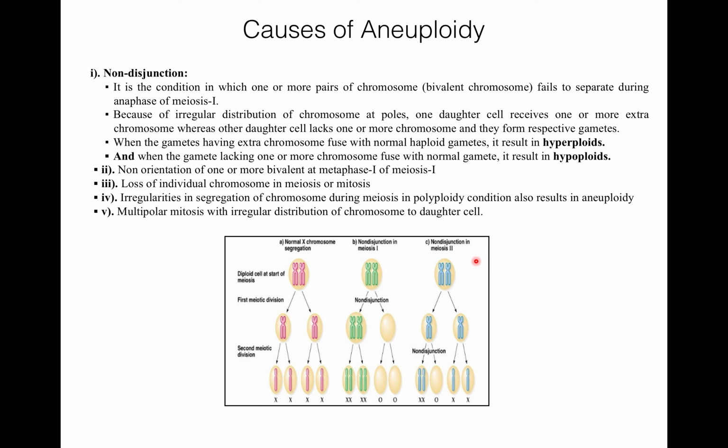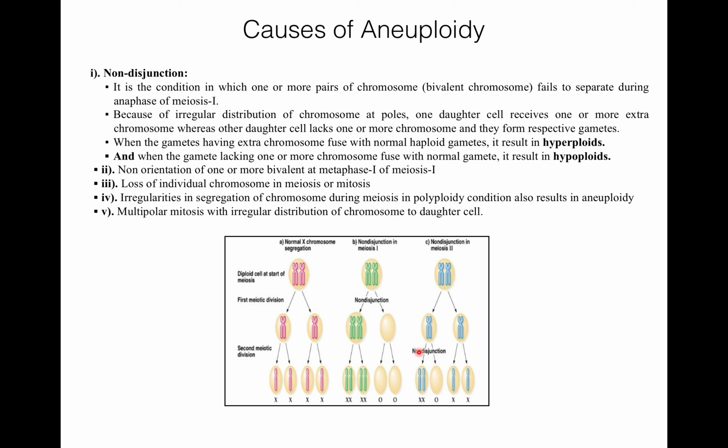If non-disjunction occurs during meiosis second, then what will happen? There is a proper distribution of chromosomes. One daughter cell receives one and the other also receives one, so now they are haploid.